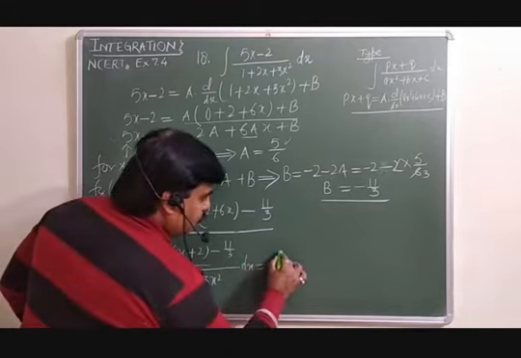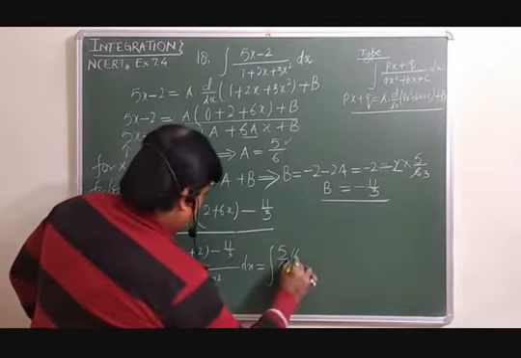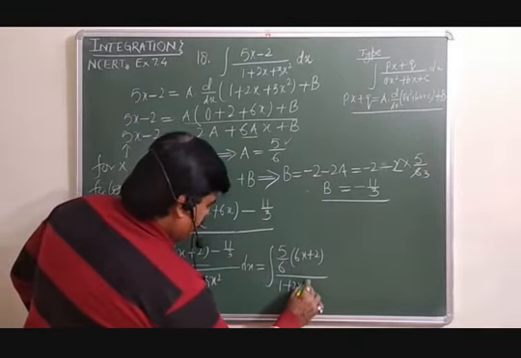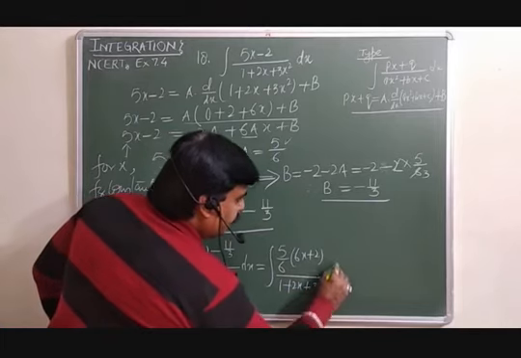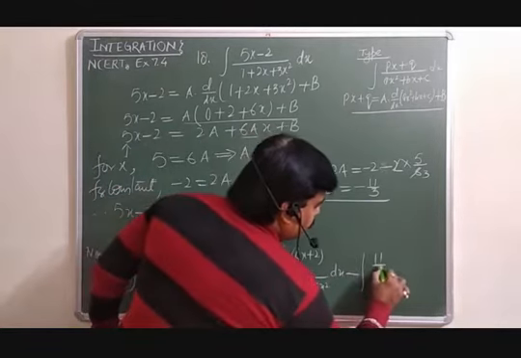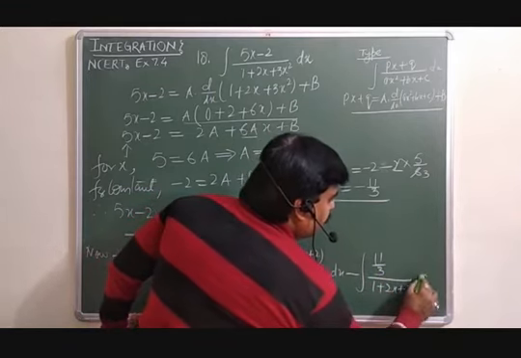So this is all 5 over 6, 6x plus 2 whole over 1 plus 2x plus 3x square dx, minus 11 over 3 whole over 1 plus 2x plus 3x square dx.